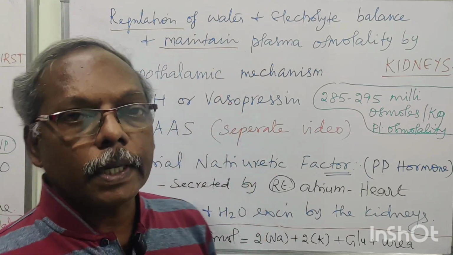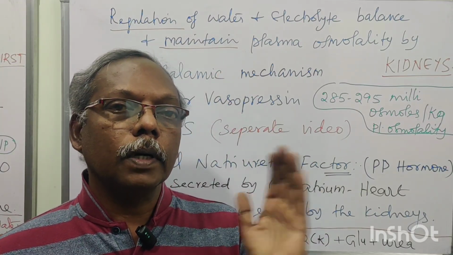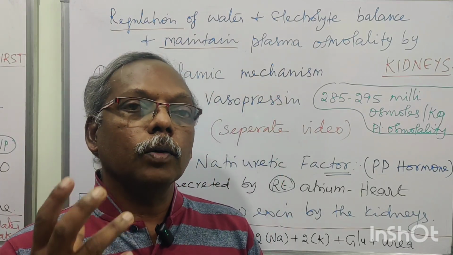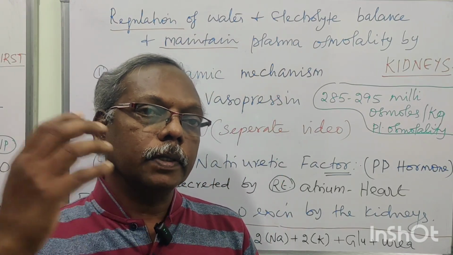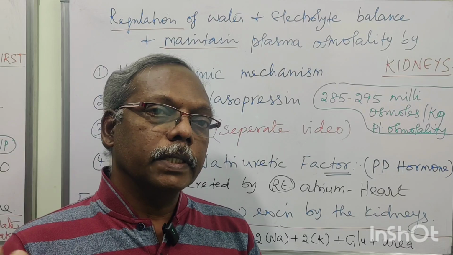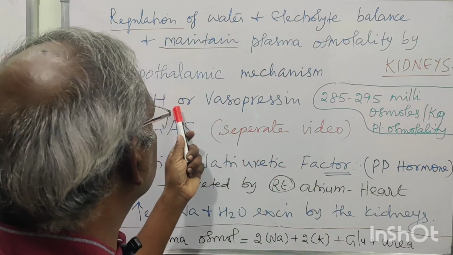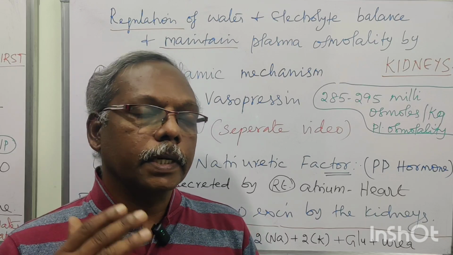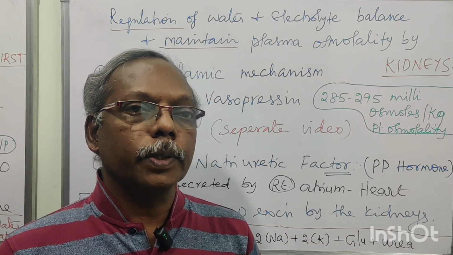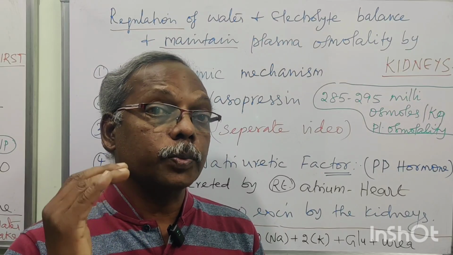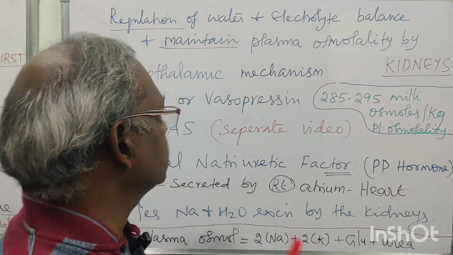We have 4 mechanisms for this water electrolyte balance. One is the hypothalamic mechanism, how the hypothalamus reflects for thirst stimulation and thirst inhibition situations. Second one is ADH, secreted from the posterior pituitary, that is antidiuretic hormone, otherwise called vasopressin.